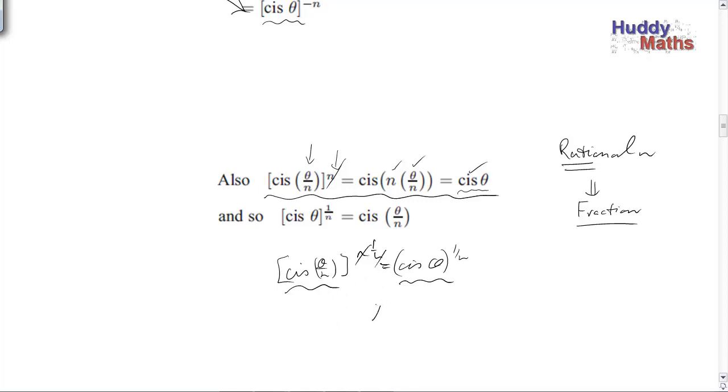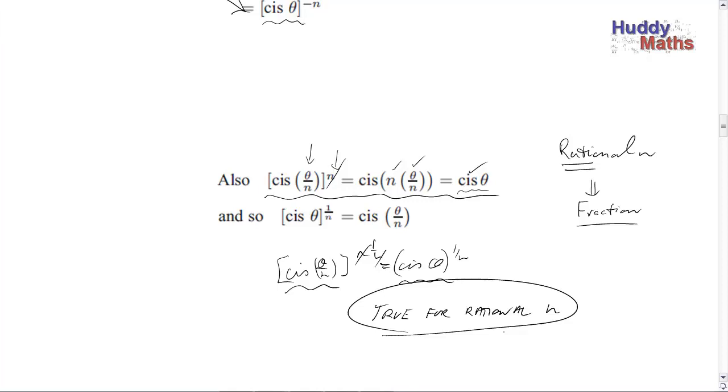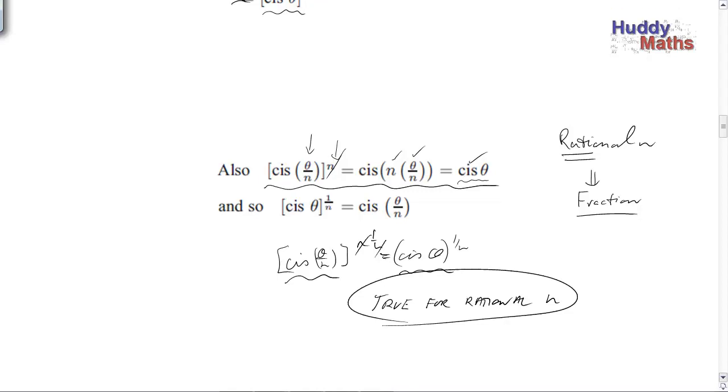So it's also true now for rational n. Okay, so we can apply it there as well. The set of integers and also rational n. So the set of integers are positive and negative, we just established that, plus some fractions can be put in there as well. All right, interesting little manoeuvres, aren't they, with these rules of cis?